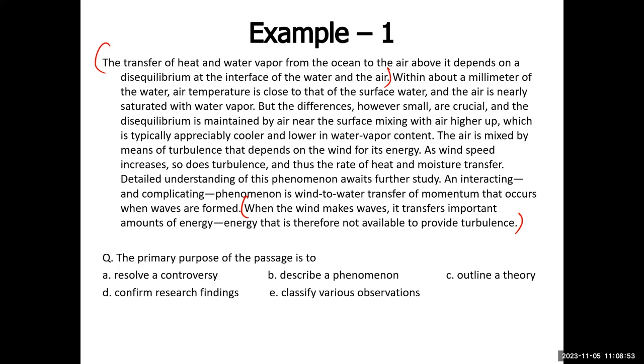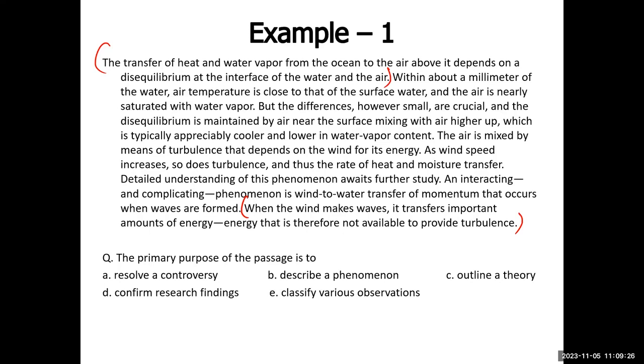The first line says the transfer of heat and water vapor from the ocean to the air above it depends on a disequilibrium at the interface of the water and the air. Then in the end, he says, when the wind makes waves, it transfers important amounts of energy that is therefore not available to provide turbulence.